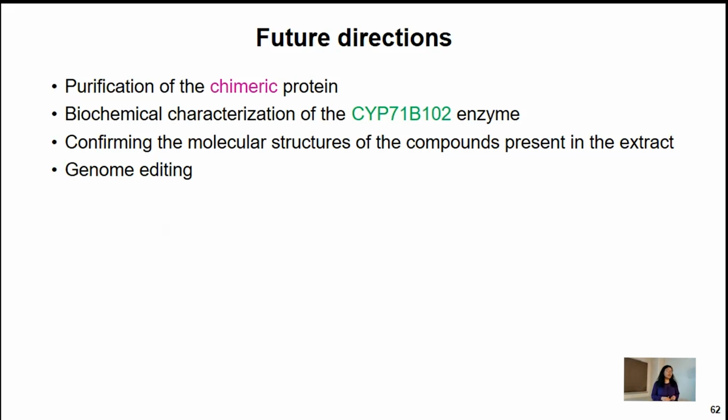After the protein is available, we can further do the biochemical characterization of the gene. Then we need to confirm the molecular structures of the compounds present in the extract and do genome editing. All the engineering I did so far was plasmid based, and compared to plasmid based, genome editing is more stable.